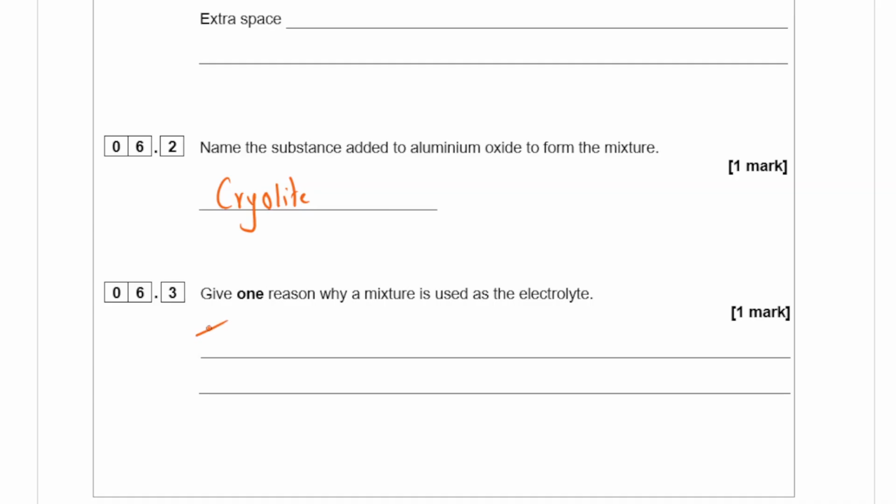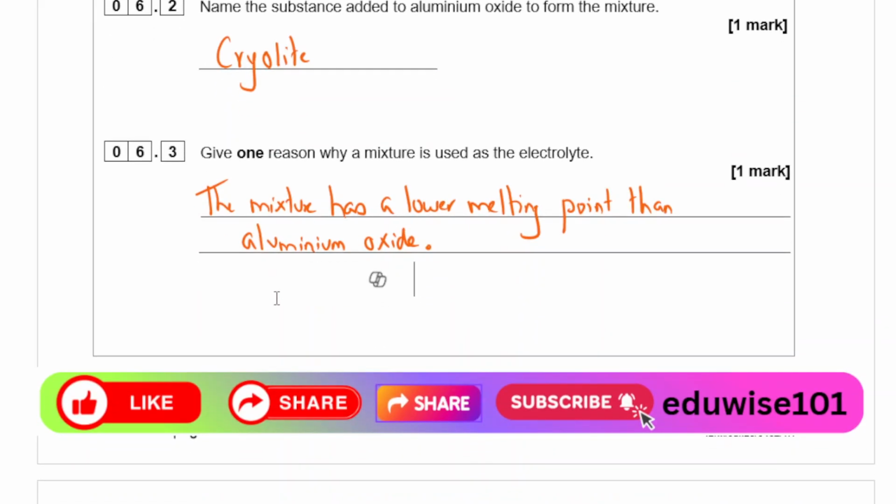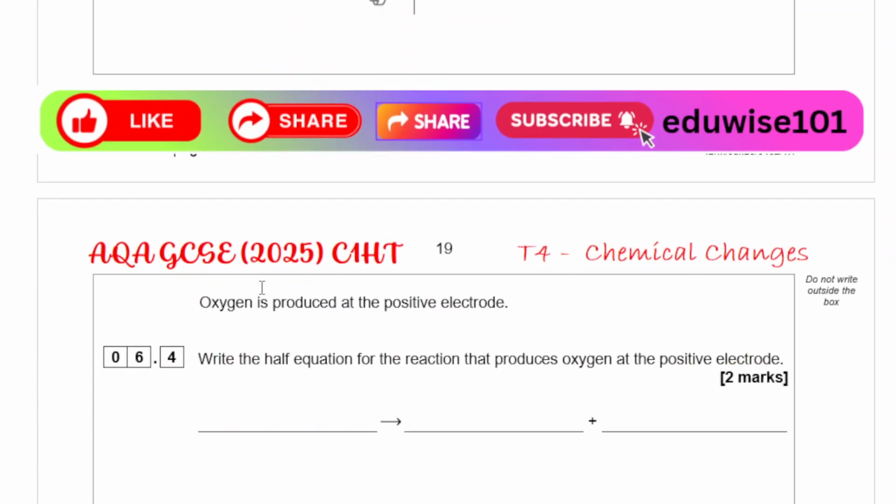So the mixture has a lower melting point than aluminium oxide. Now, if they ask you to explain, then you could say the lower energy demand would actually reduce the price.